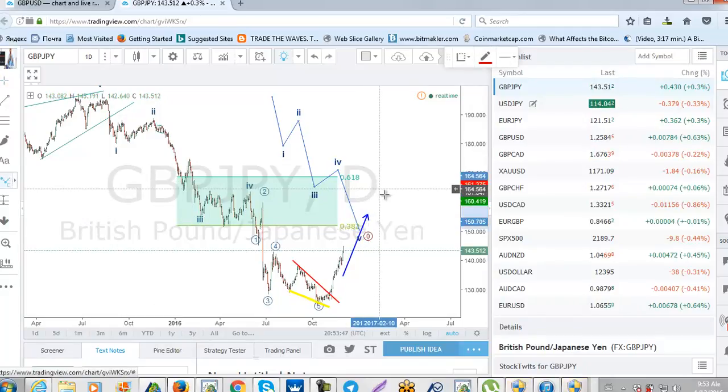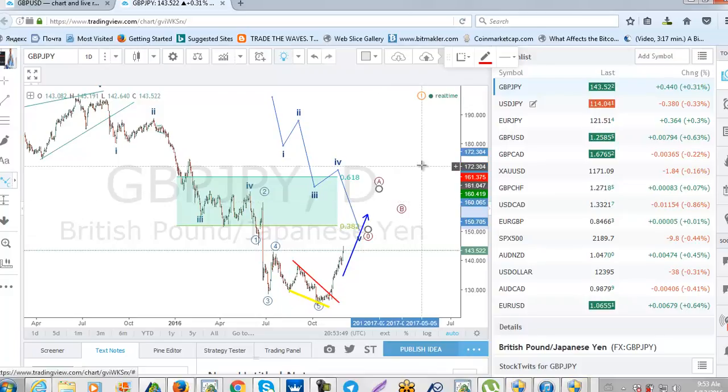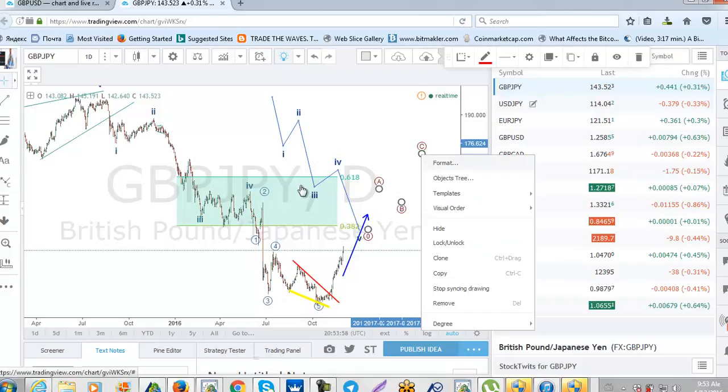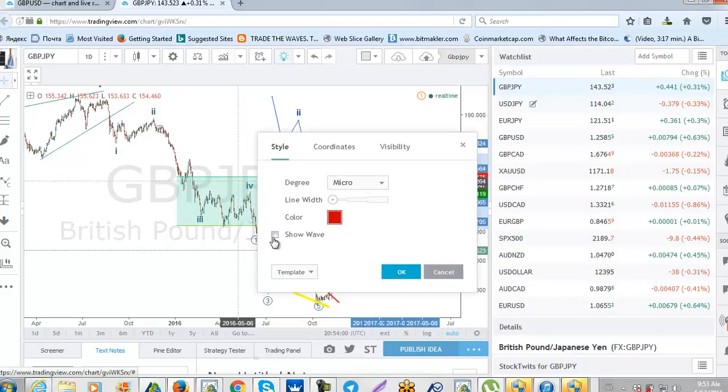This is A, B, and C, and more often than not, this expected correction is usually a 61.8% retracement of the trending move.